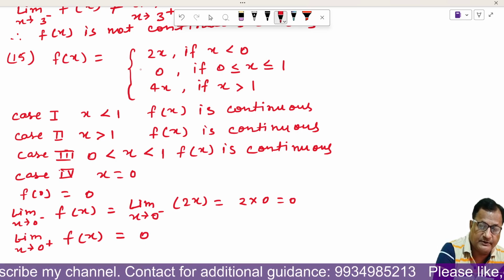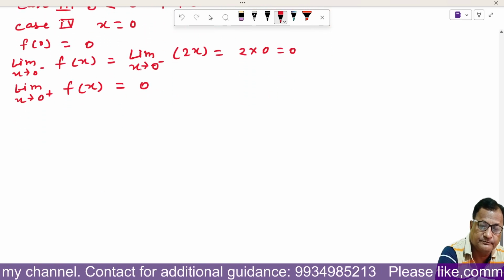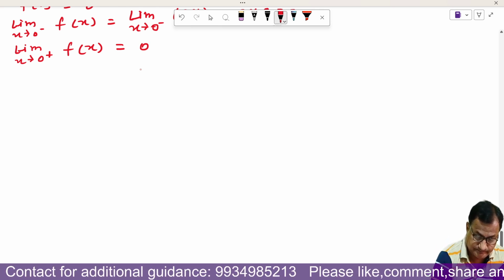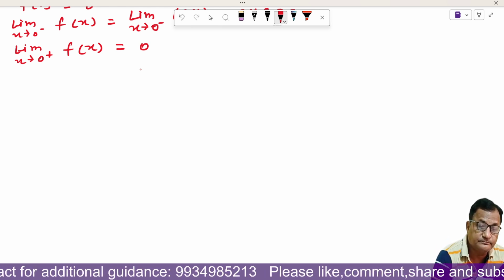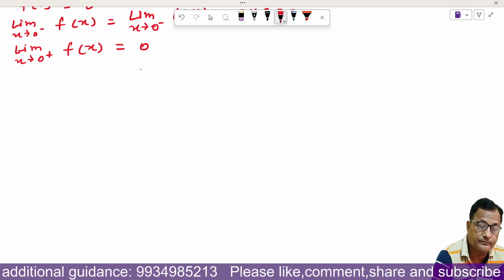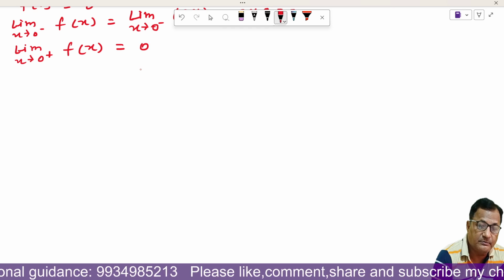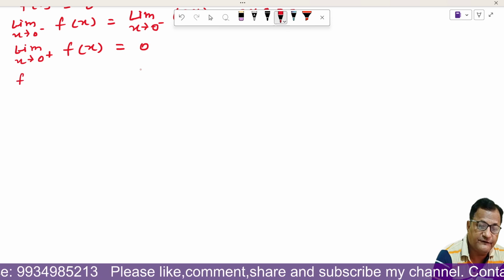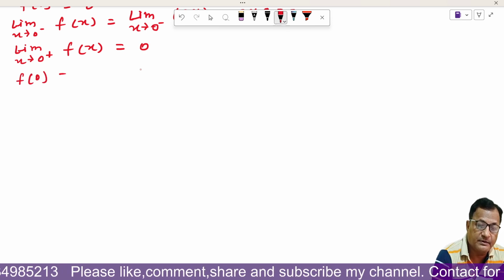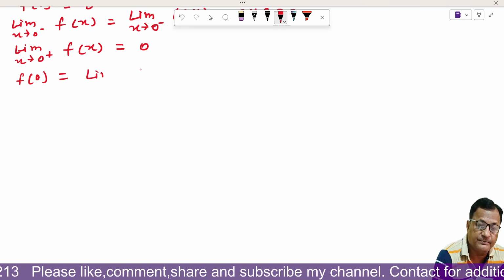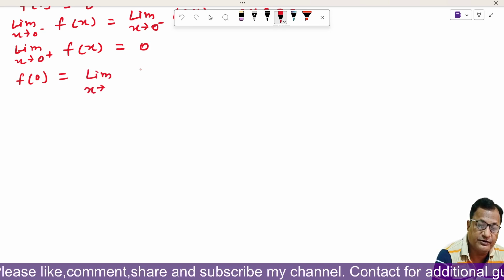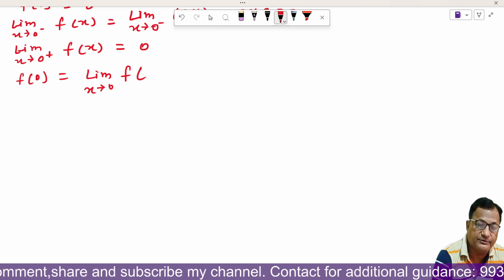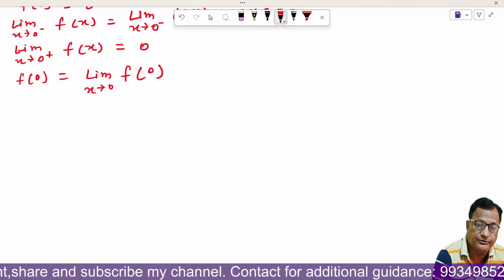So here we see that f(0) is equal to limit x tends to 0 f(x), because left hand limit and right hand limit are the same.